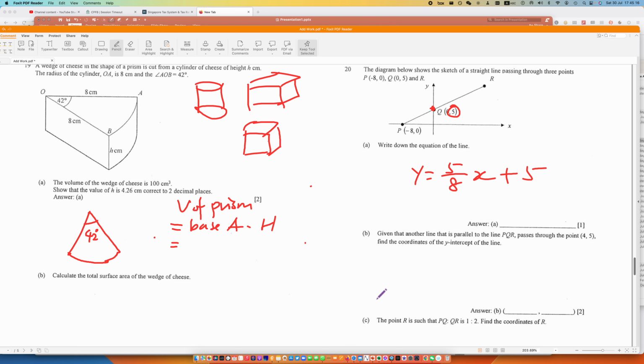How do you answer part B? This is the answer for A. Now B already. The line is parallel to PQ and passes through the point (4, 5).